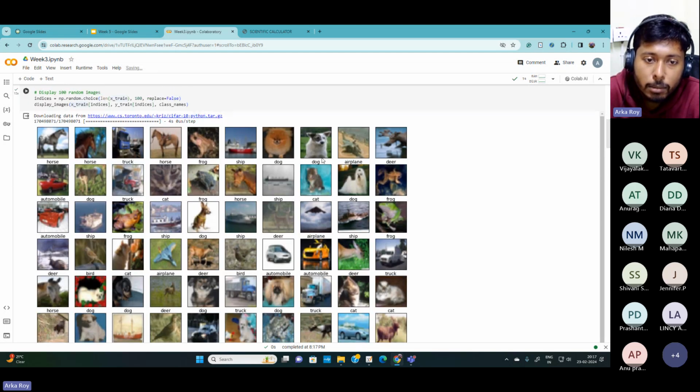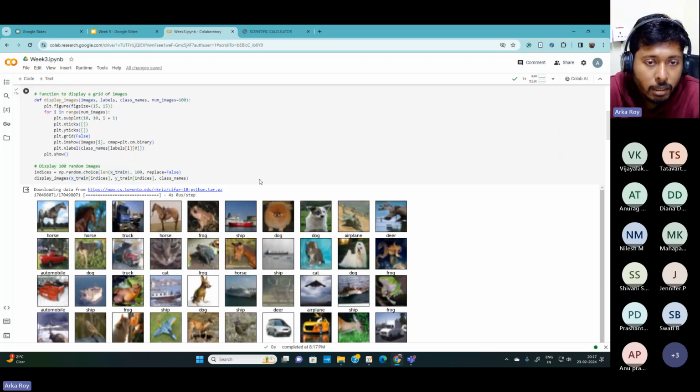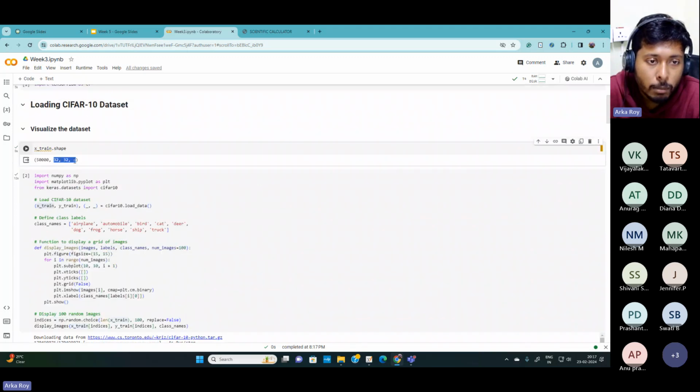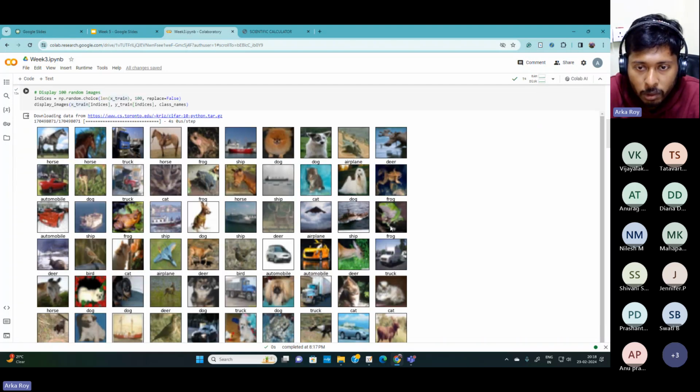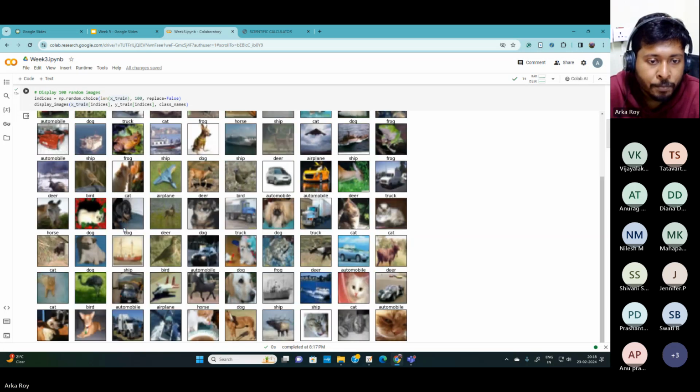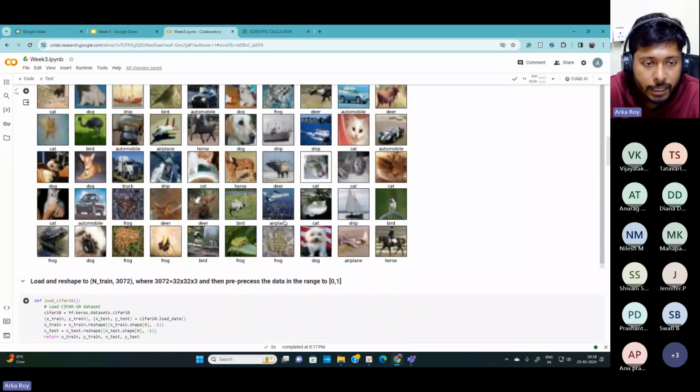In case of color images, there will be 3 planes: red, green, and blue, the RGB planes. Because 3 planes are there, you have three channels in those particular images, and each of the channels is of size 32 by 32. Because these are 32 by 32, you can see that the image resolution is very poor. These are very low resolution images, and that is why they are kind of blurry.